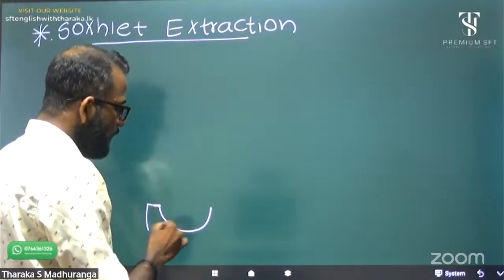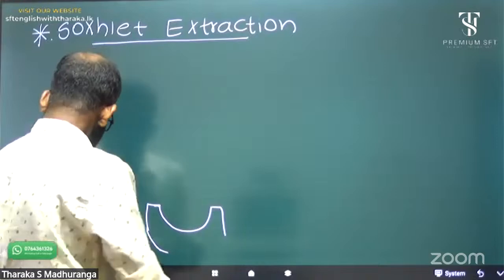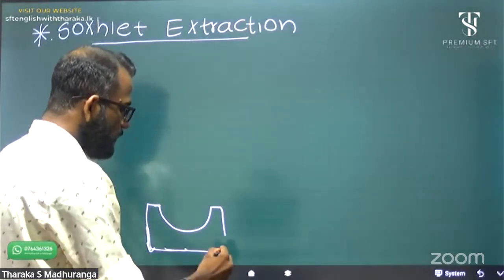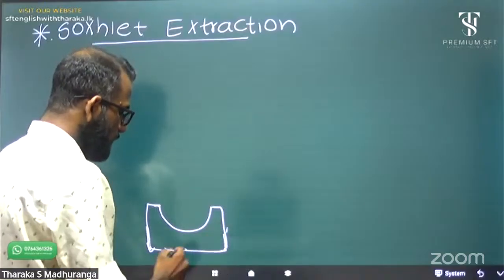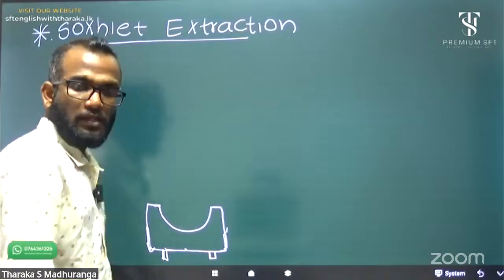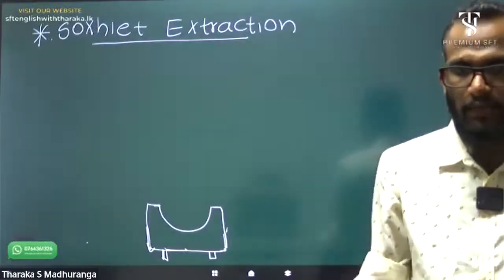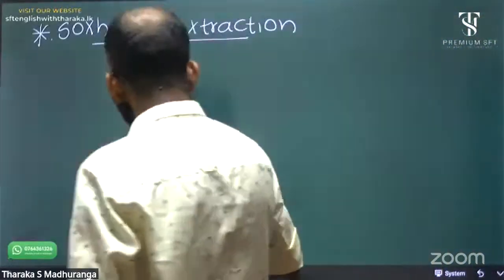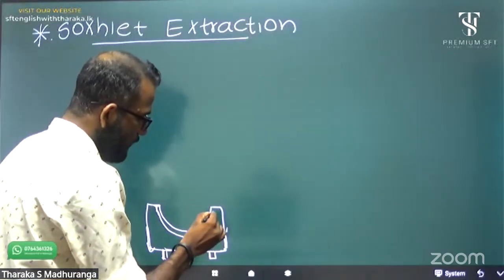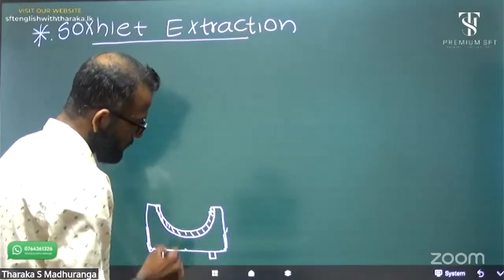It's a specially designed electric heater for a round bottom flask. Okay, this is the heater. It contains a heating coil, right? This is a heating coil.